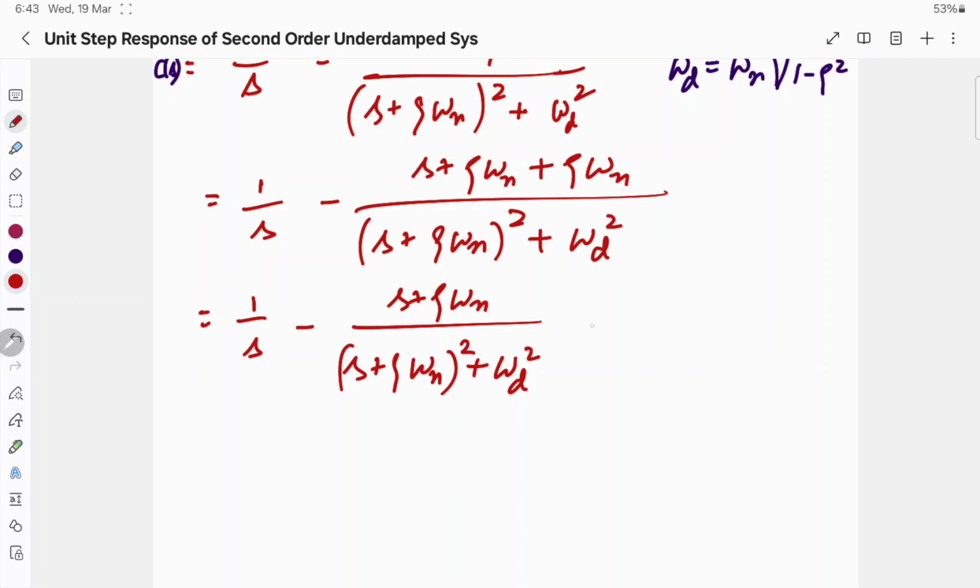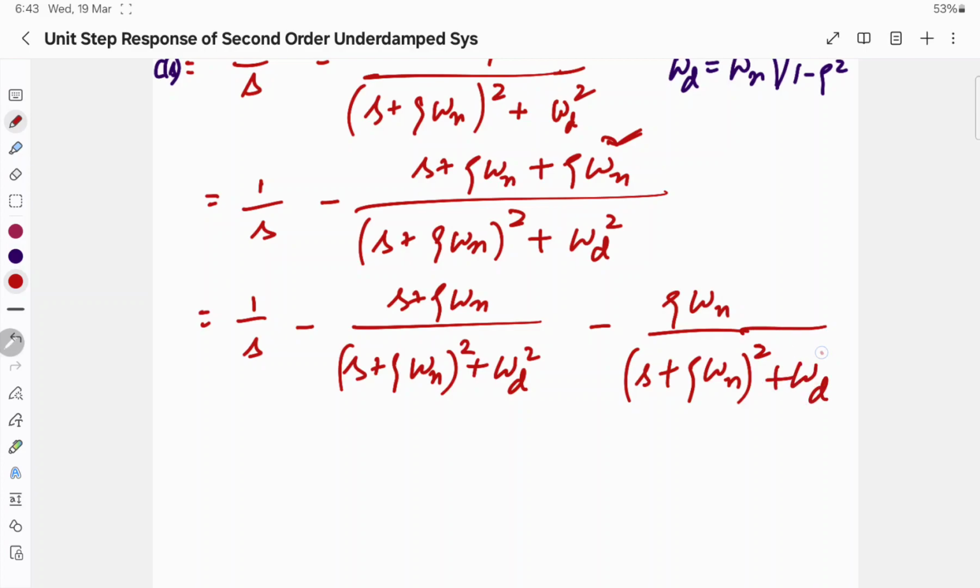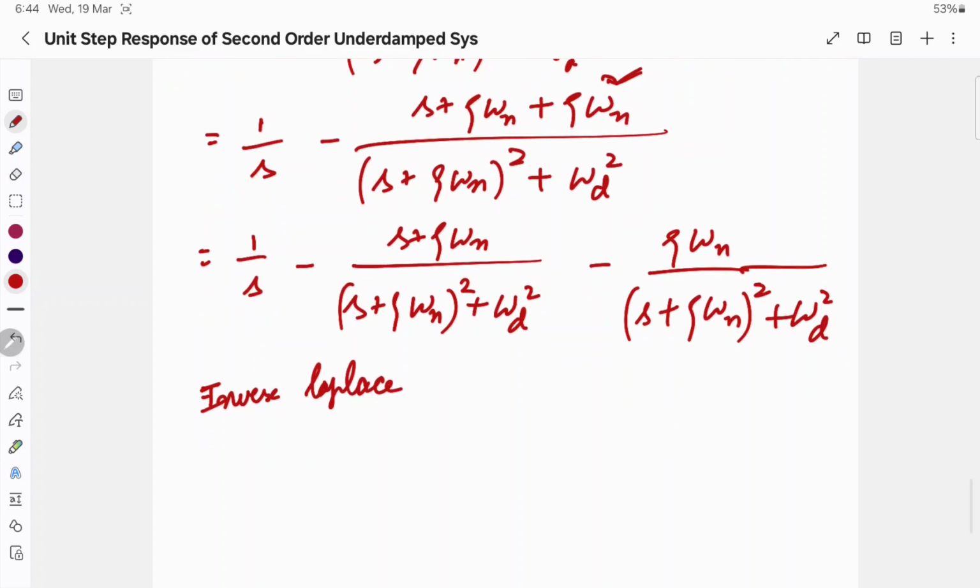Okay, then the next minus term is coming inside. For this term, minus zeta omega n over (s plus zeta omega n) square plus omega d square. Now we can compare with those two Laplace transform equations, taking inverse Laplace. The C of s will become C of t. 1 by s is u of t.